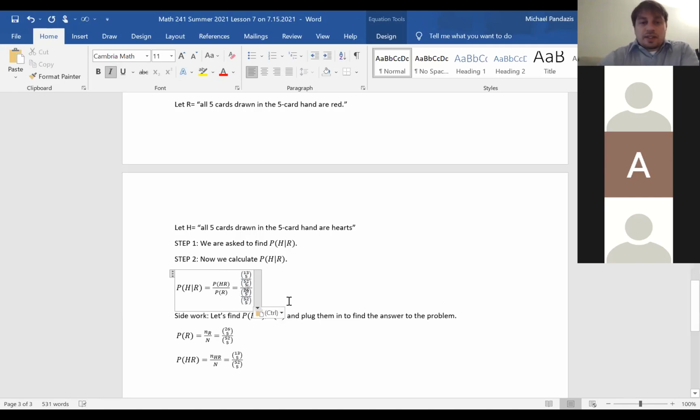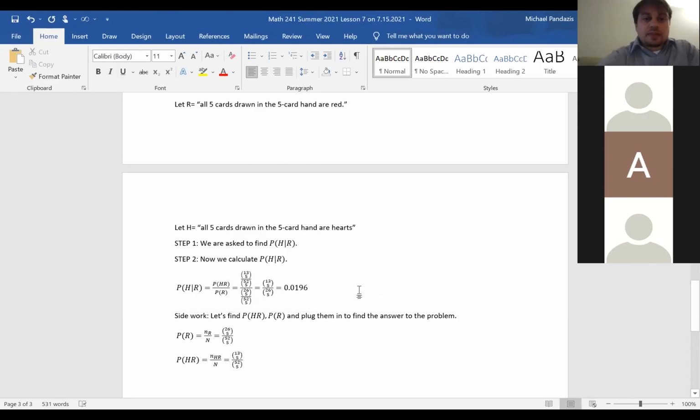When you do that, just like I was alluding to earlier, the 52C5s cancel. So you're left with this over this, and that's equal to 0.0196. And that's the answer.